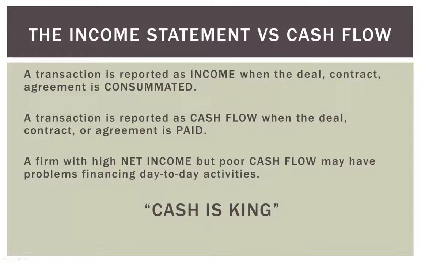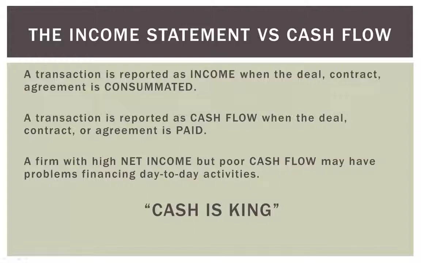A transaction is reported as cash flow when that deal, contract, or agreement is paid. So until we receive the money for that order into our bank account, we cannot report that as incoming cash. We have reported it as income, but we cannot report it as cash that has come into our business.